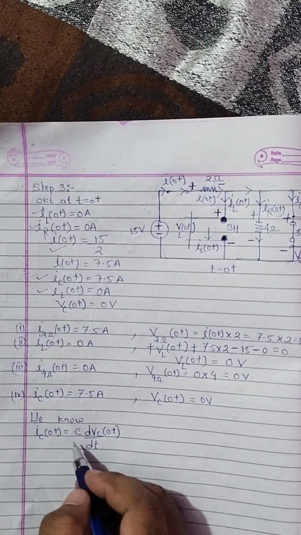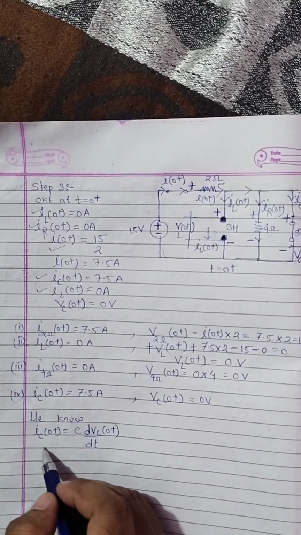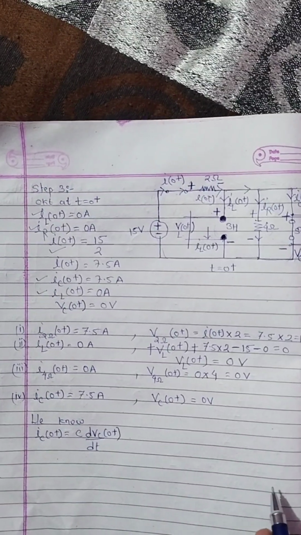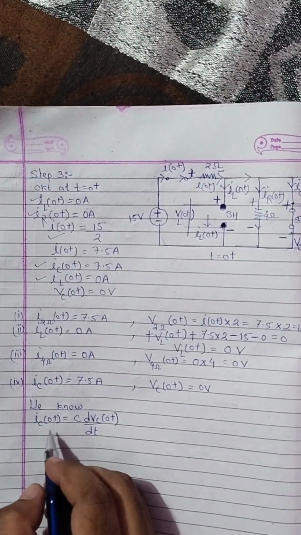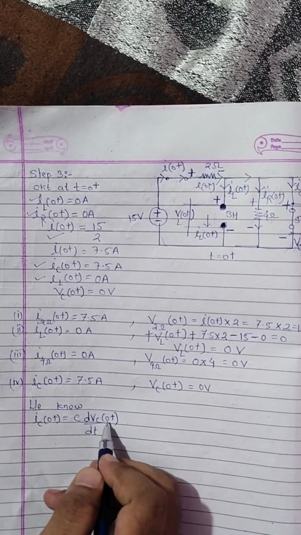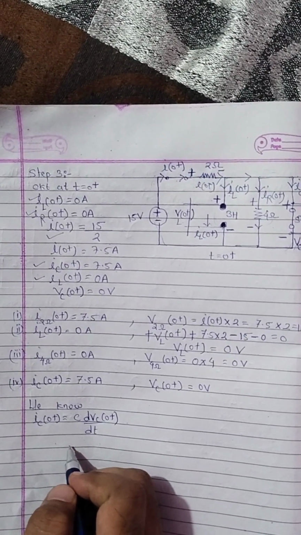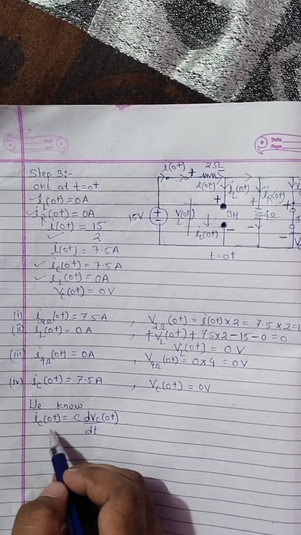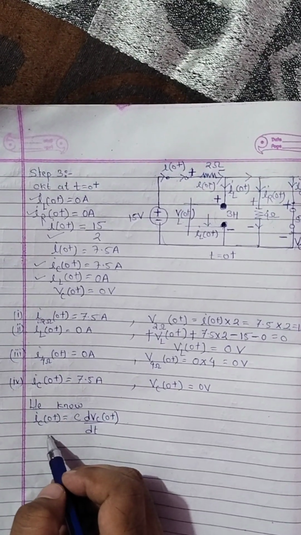This is the ready-made formula of capacitor current, that is IC equals to C dVc upon dt. So at t equals to 0 plus, IC0 plus equals to C times dVc upon dt 0 plus.